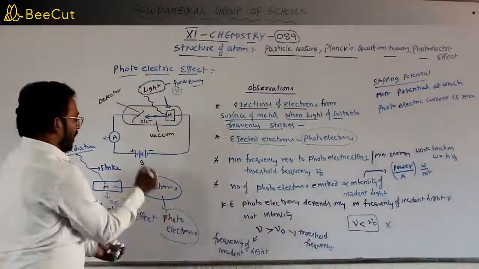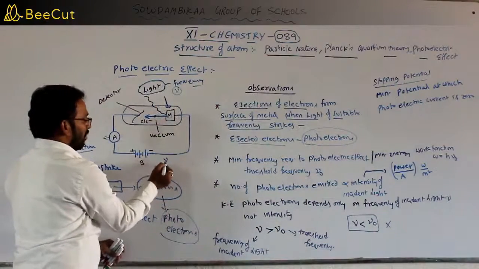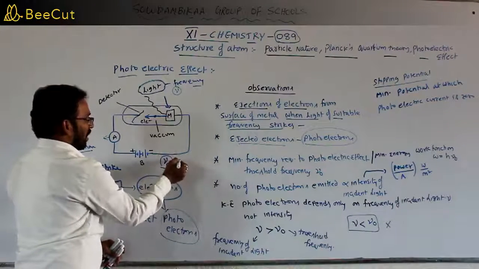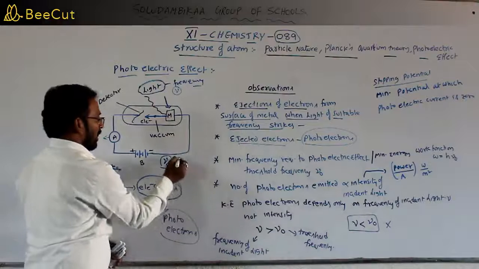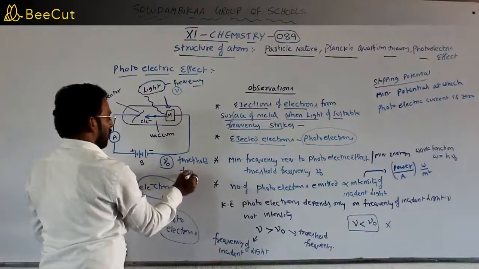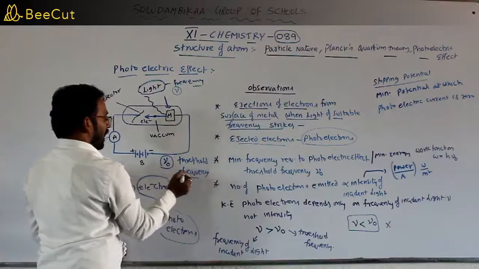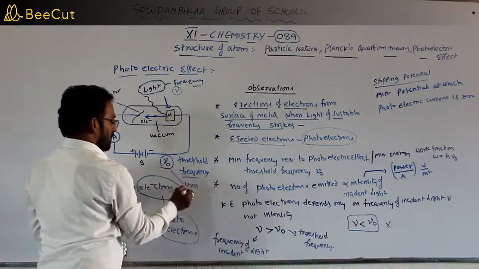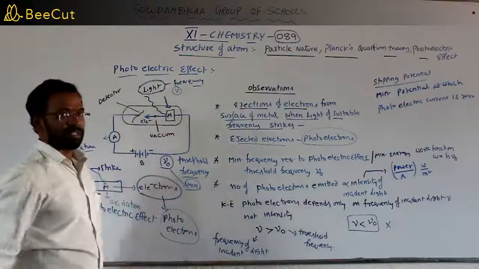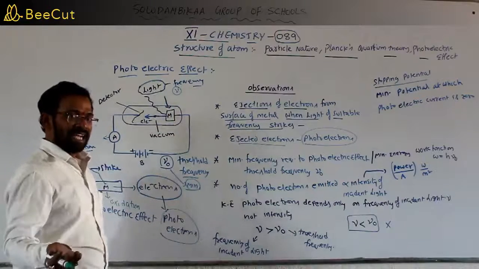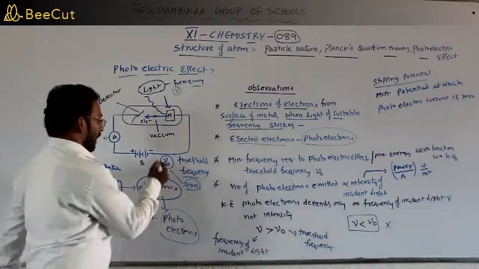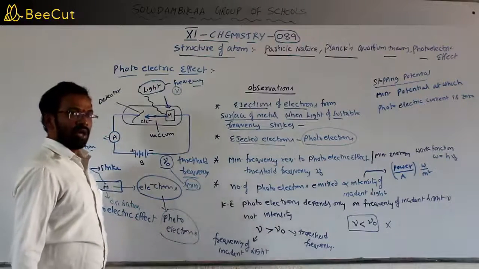The minimum frequency required to eject electrons, or for the photoelectric effect, is called the threshold frequency. What is the meaning of threshold frequency? It is the minimum frequency possessed by light to eject electrons when it strikes the metal surface. That is indicated by nu naught.